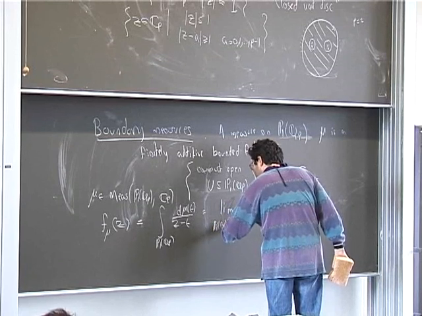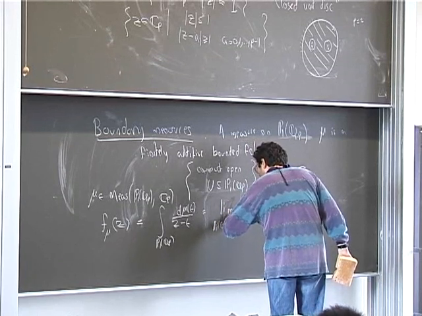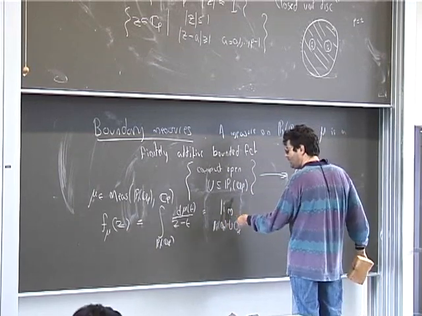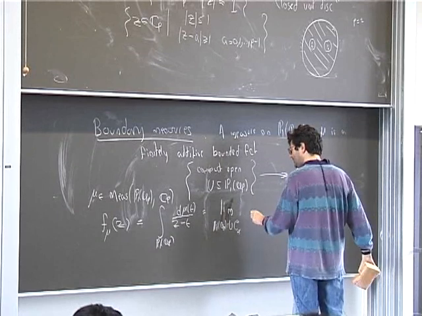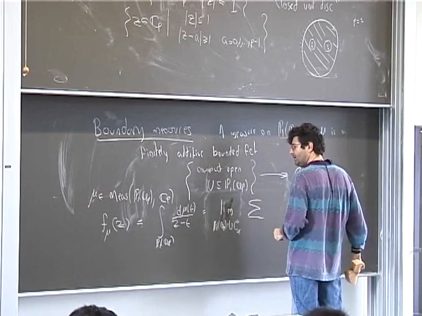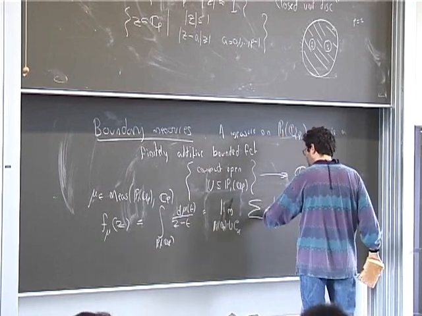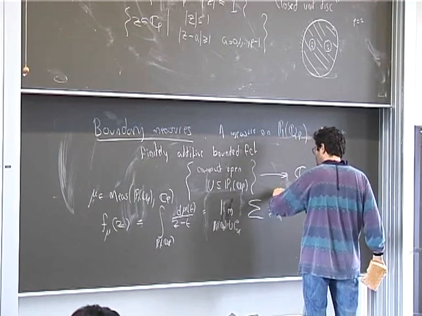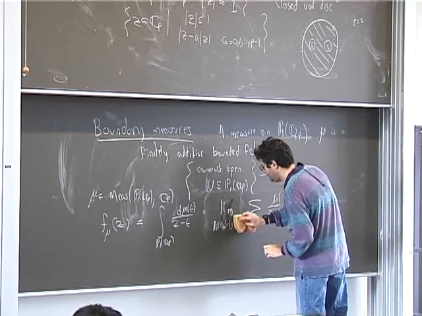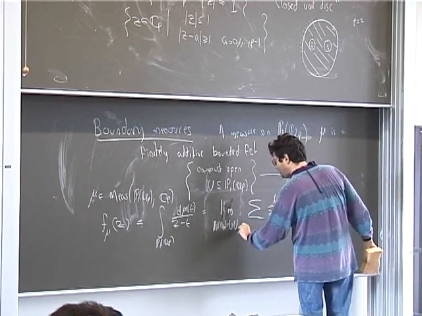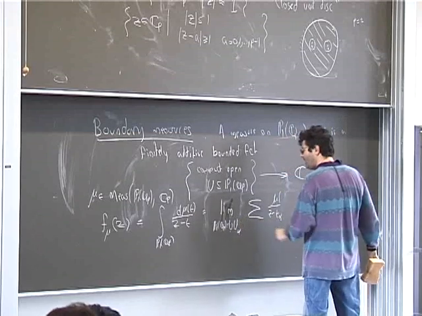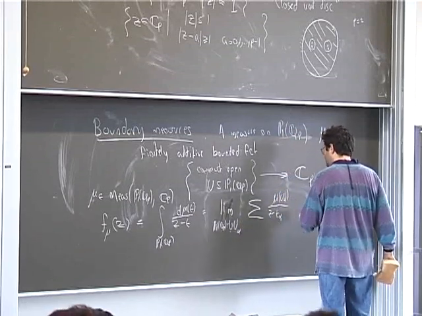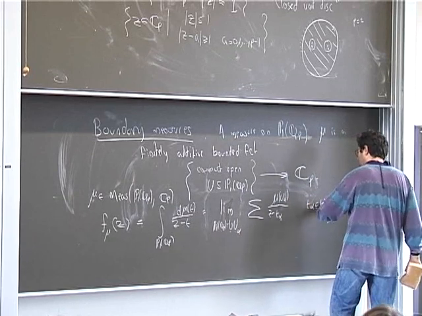I write P1(Qp) as a disjoint union of compact opens U alpha, and I take the limit over all such finer and finer covers of the Riemann sum: the sum of mu of U alpha divided by z minus t alpha, where t alpha is just a sample point in U alpha.